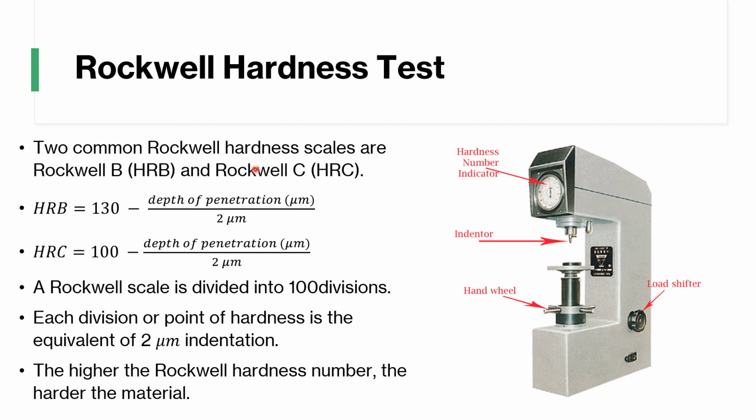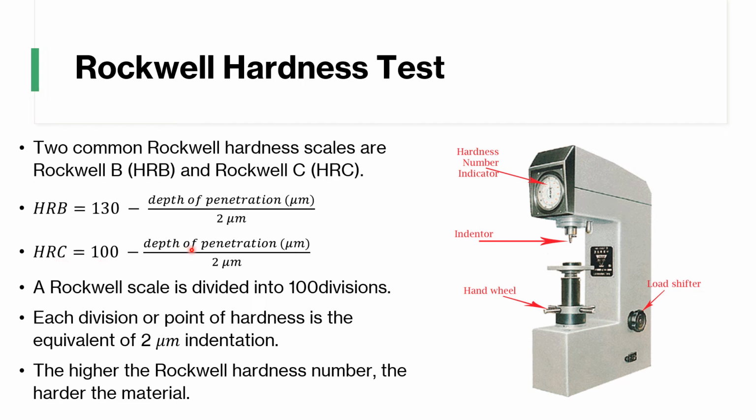Alright, so two common Rockwell hardness scales. We use the HRB and the other one is HRC. So this one we call Rockwell B and that one is Rockwell C. Rockwell B we're going to calculate by subtracting this from 130, so that's just an adjustment. So depth of penetration in micrometers divided by 2 micrometers.